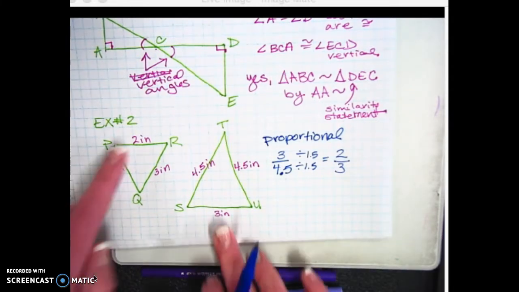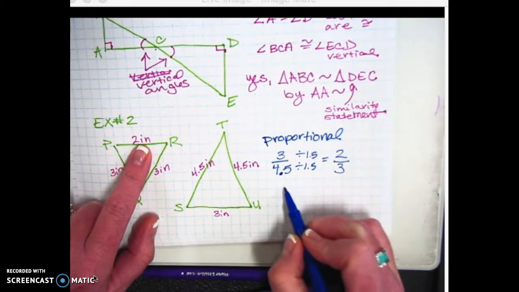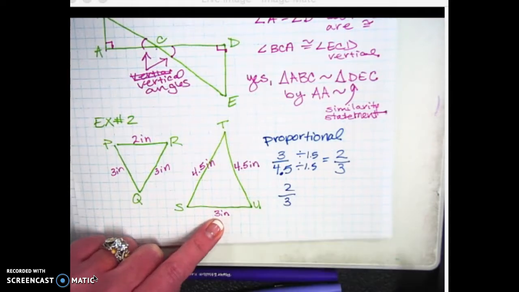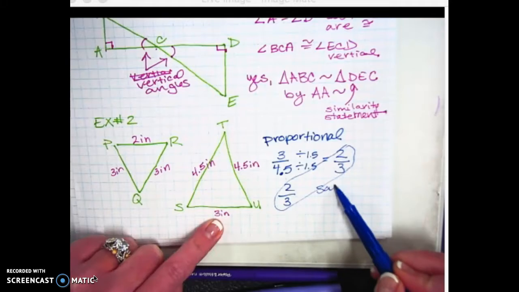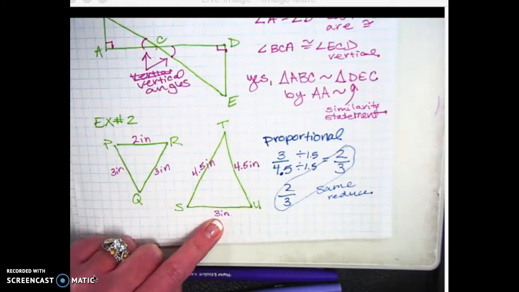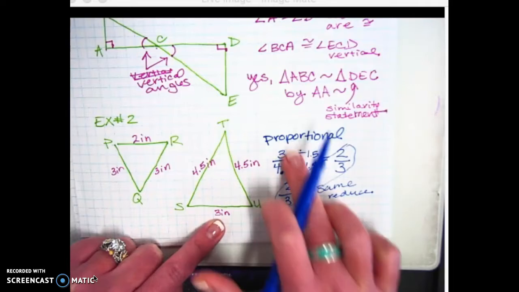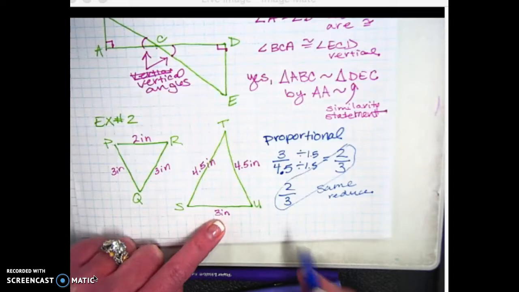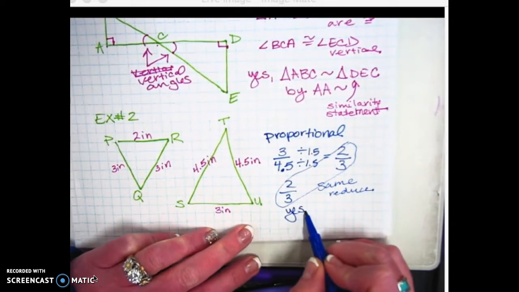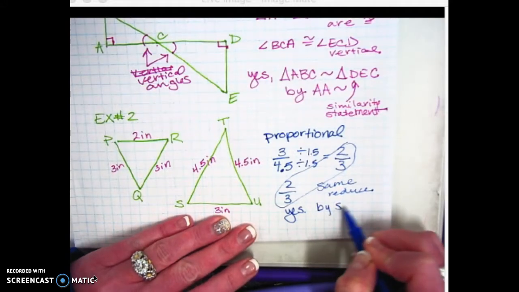Okay. Then I've got the two sides that are left over. From this triangle, it's a 2. From this triangle, it's a 3. And obviously, I don't need to reduce them because it's already the same. They reduce to the same. All right, so when you reduce them, as long as they end up the same, they may not start the same, clearly, but if you can reduce them to the same ratio, you say, yes, they are similar by side, similarity, SSS.